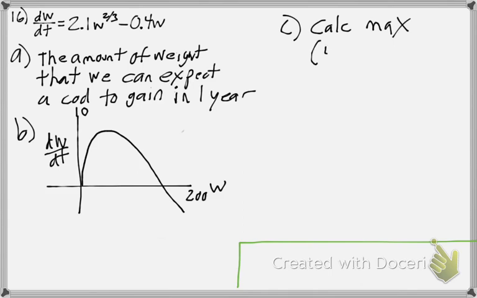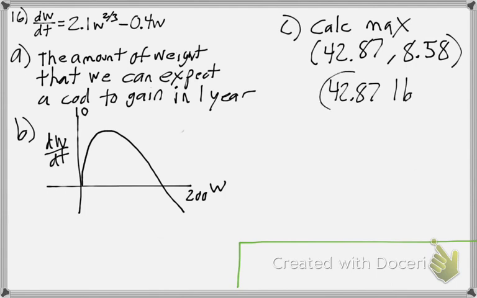Okay, so this will be 42.87 and 8.58. So they want to know what is the weight, which is going to be W, so it'll be the x value. So 42.87 pounds.